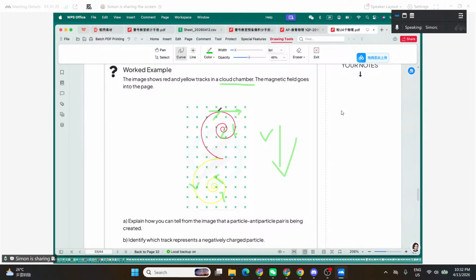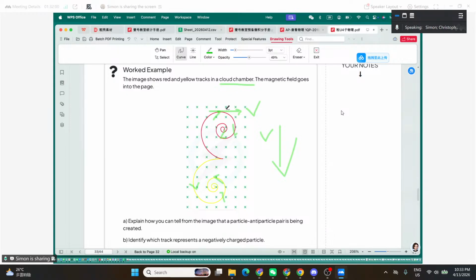And the magnetic field is into the page. So we know the velocity direction and the magnetic field direction. Now we use Fleming's left hand rule to distinguish whether the charge of the red one is positive or negative.